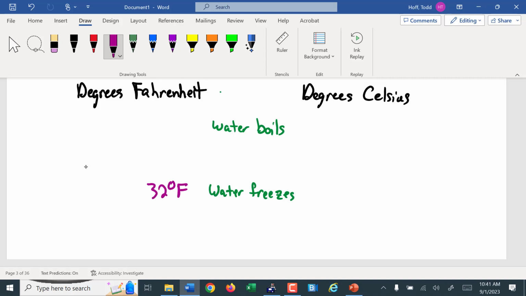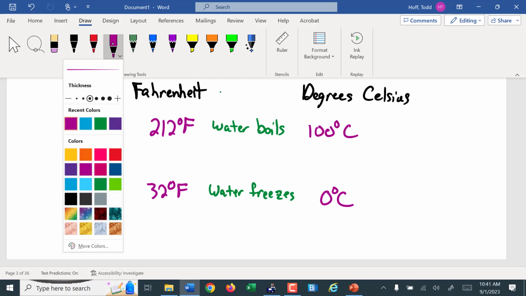Anybody remember what temperature water boils? 212. Good. 212 degrees Fahrenheit. In the metric system, they use degrees Celsius. At what temperature does water freeze in degrees Celsius? 0. And boils? 100.